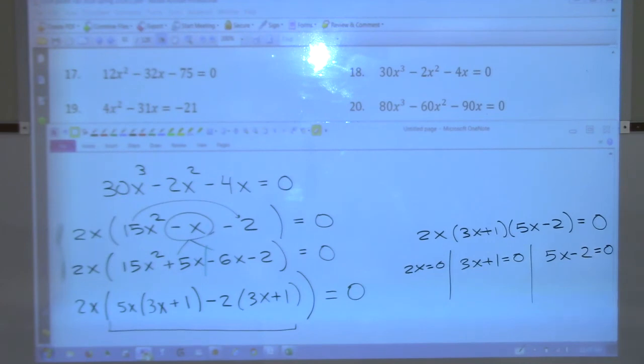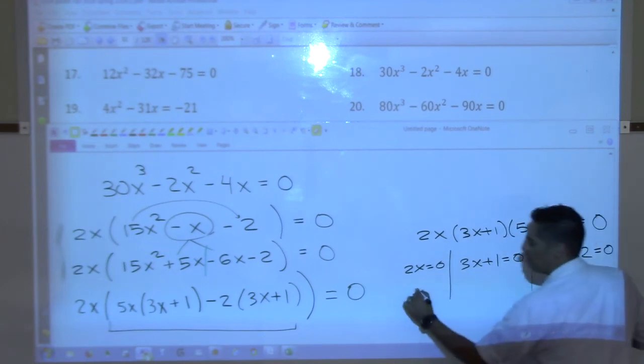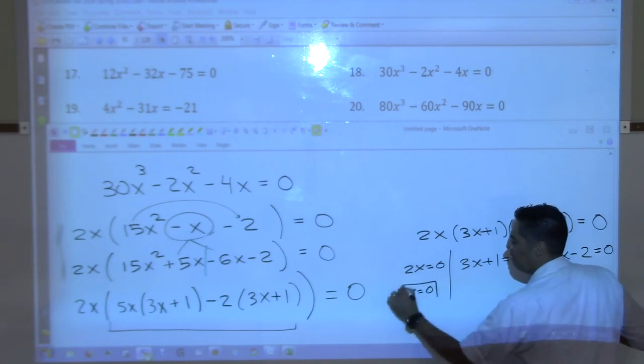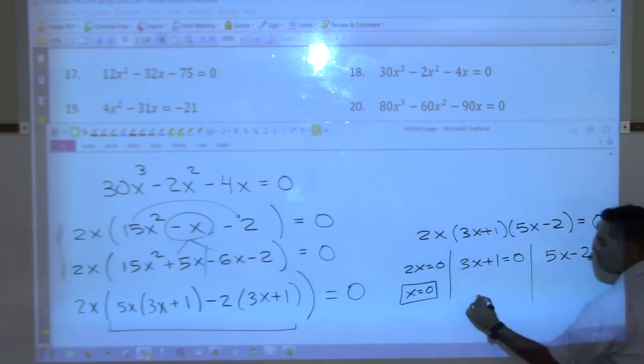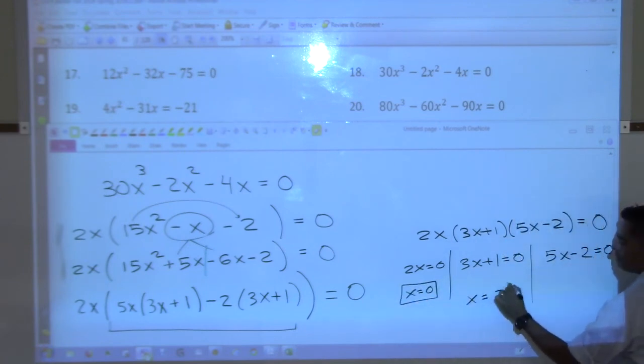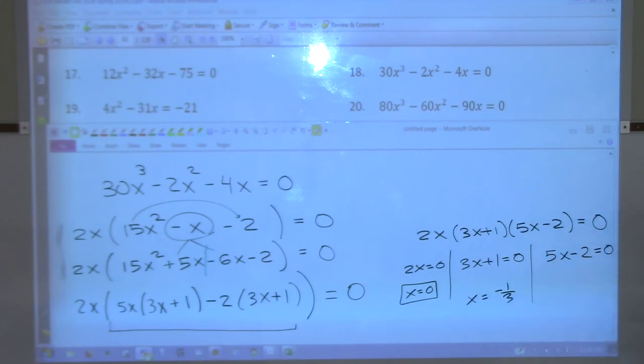You're almost there. So the first one is 0. You can just divide both sides by 2 and you're done. Second one, minus 1 over 3. Right, so you subtract 1, then divide by 3, and then this one you'll add 2 and then divide by 5. So 2 over 5. Those are your 3 solutions to this equation.